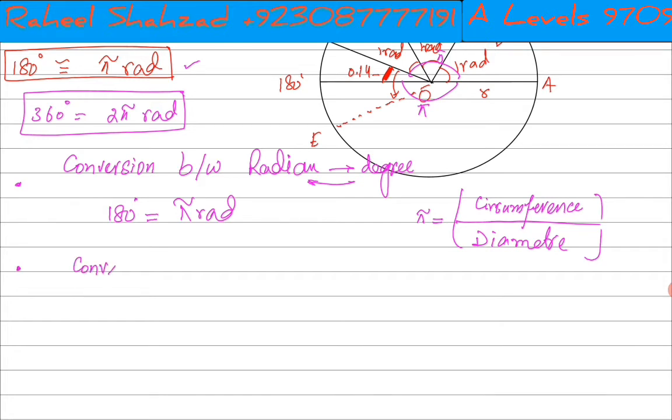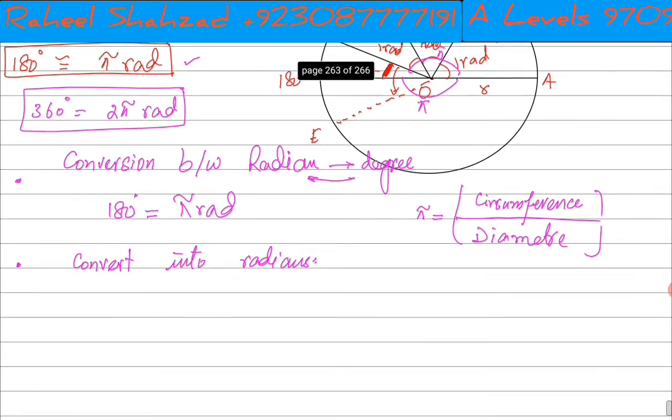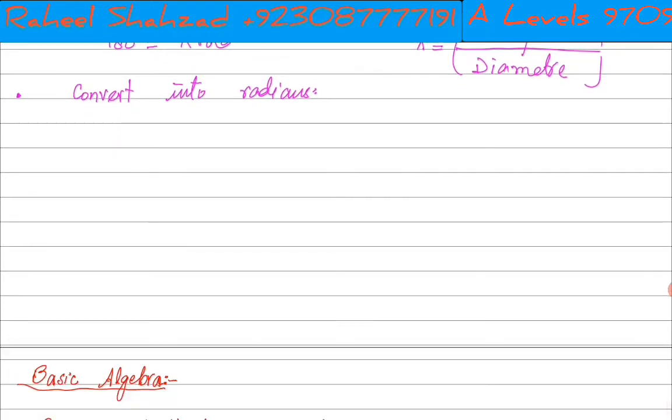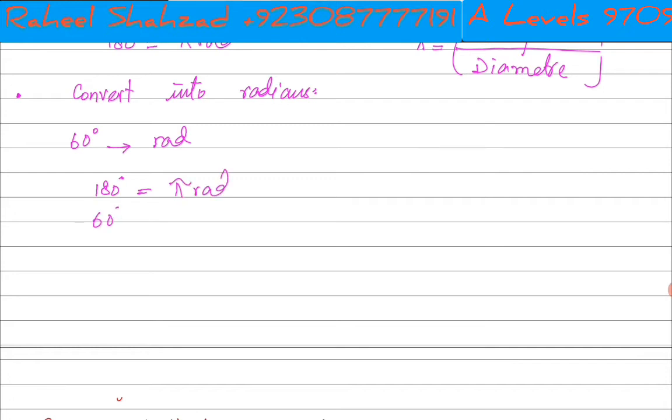So convert into radians. First of all, for instance, we need to convert 60 degrees into radians. What you will say is 180 degrees is equal to pi radian, 60 degrees will be equal to x radian, and you can simply cross multiply it.